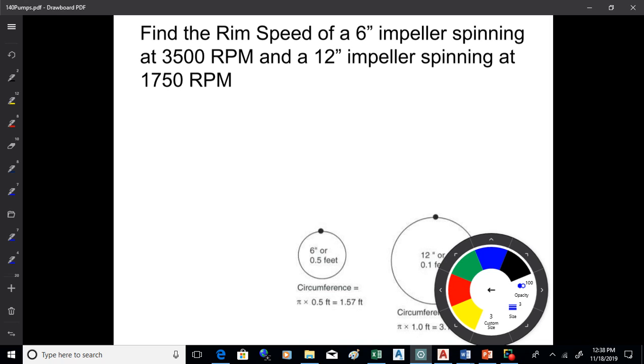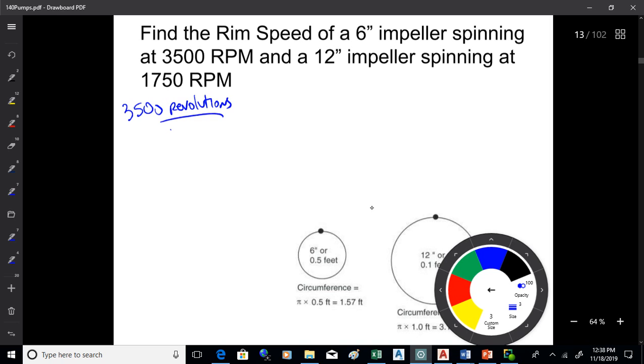All right, so if you've got a 6-inch impeller spinning at 3,500 RPM, RPM is revolutions per minute. You can then multiply that by 2 times pi and then times r.